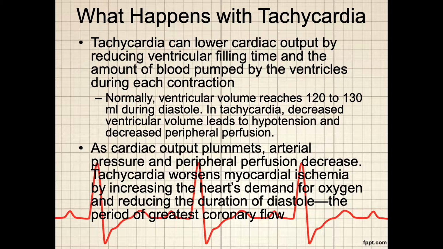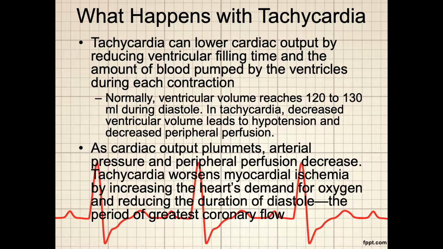Tachycardia can lower cardiac output by reducing ventricular filling time and the amount of blood pumped by the ventricles during each contraction. Normally, ventricular volume reaches 120 to 130 milliliters during diastole. However, in tachycardia, there is decreased time to fill up the ventricles, and this can lead to hypotension and decreased peripheral perfusion.